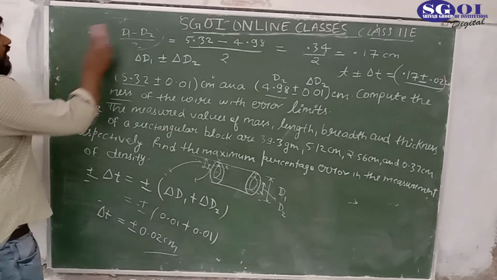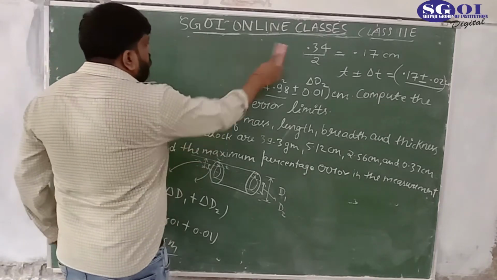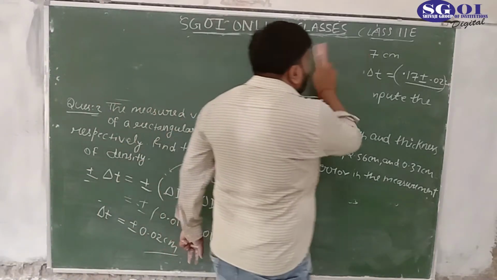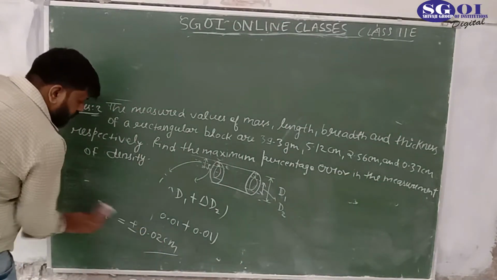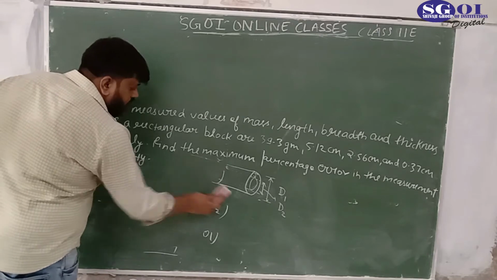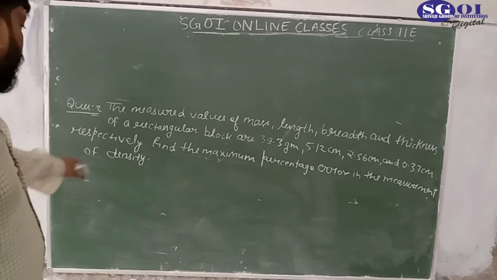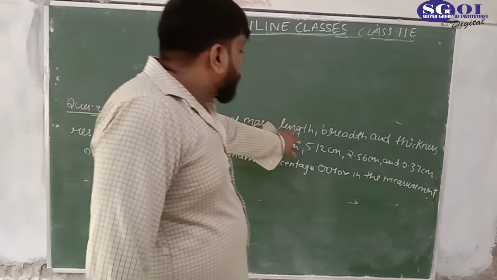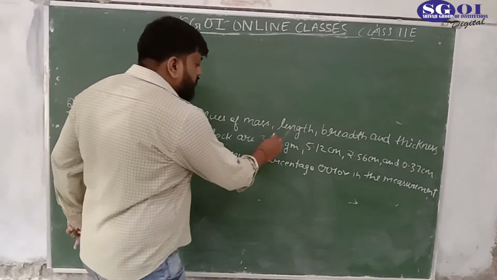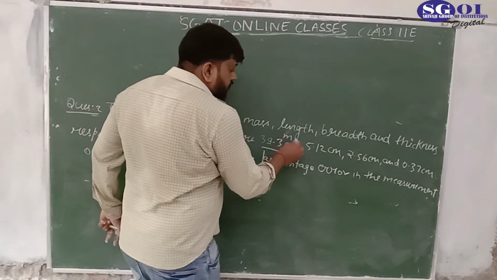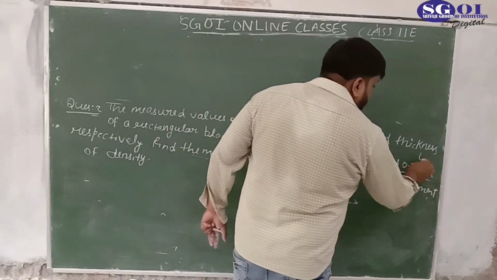Now we solve the second numerical problem. The measured values of mass, length, breadth and thickness of a rectangular block are given: this is mass m, this is length l, this is breadth b, and this is thickness t.